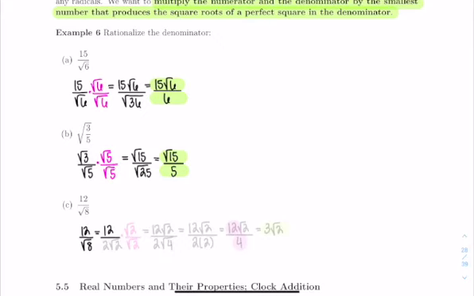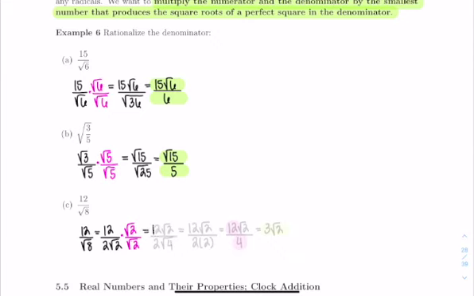And so this is going to become 2 square root of 2. And you can use the factor tree to check. Now what's causing the issue is just the square root of 2, not the 2 root 2. So we need to multiply the top and bottom by the square root of 2.